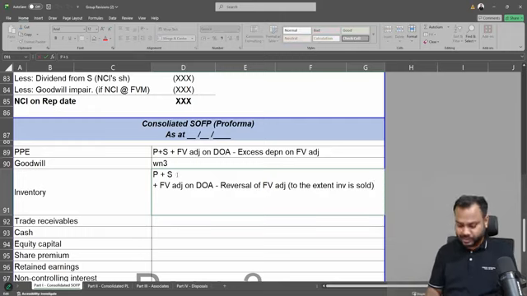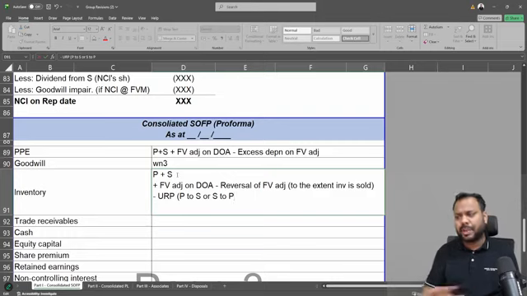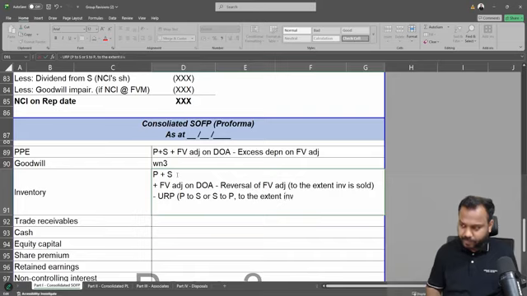Now, what else? Minus unrealized profit. It can be P to S or S to P, irrespective of that, to the extent inventory is unsold. There is a difference between reversal of fair value adjustment and unrealized profit. Plus goods in transit.